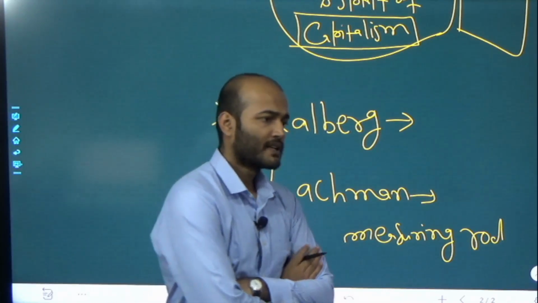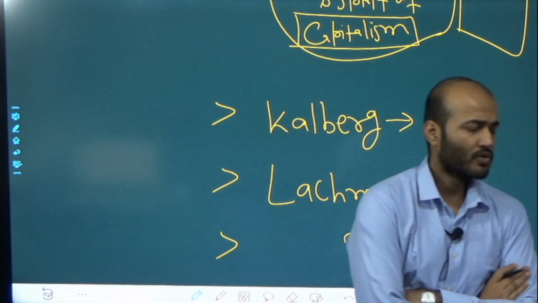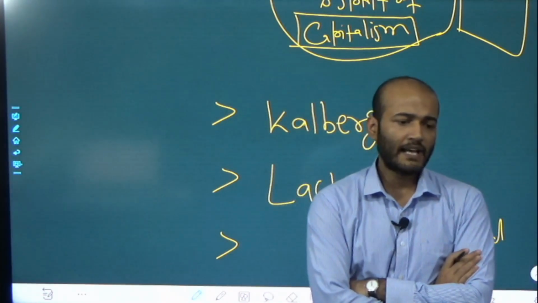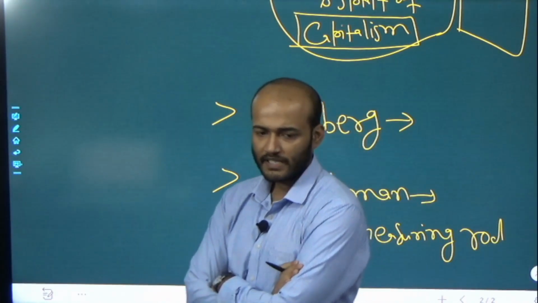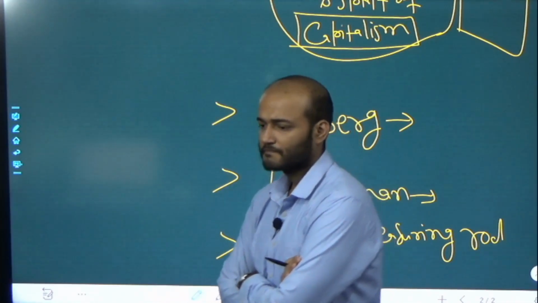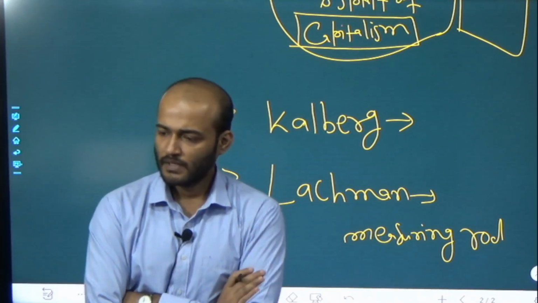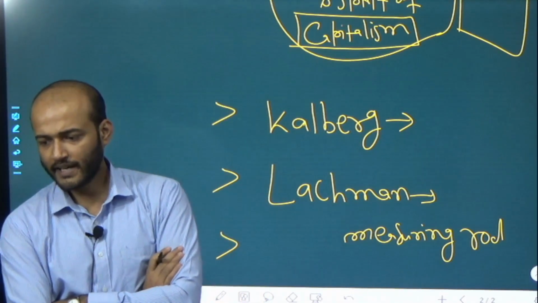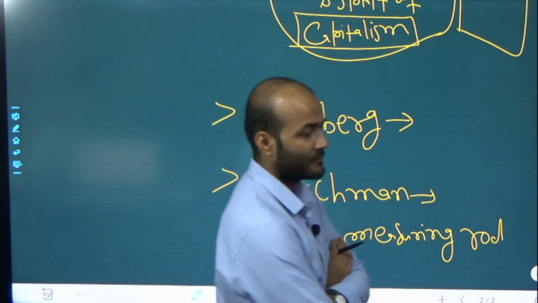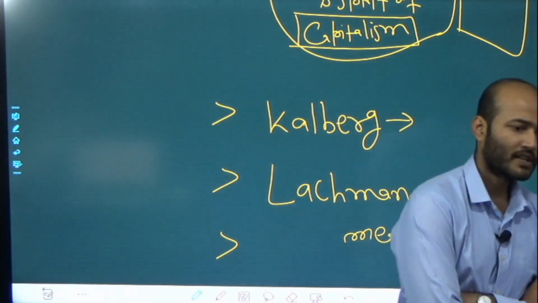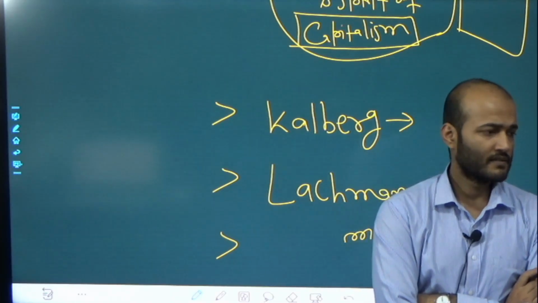So पैराग्राफ चेंज करके लिखिए. So ideal type derive out from the real world, but they are not the mirror image of the world. ठीक है, कोई डाउट यहां तक?